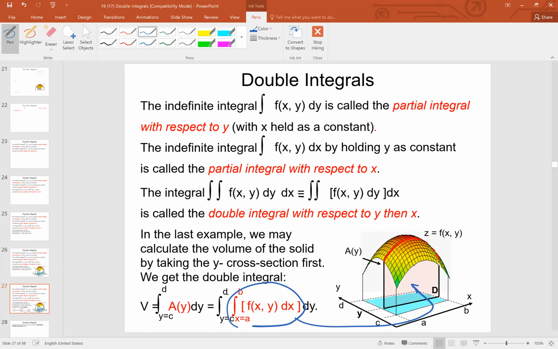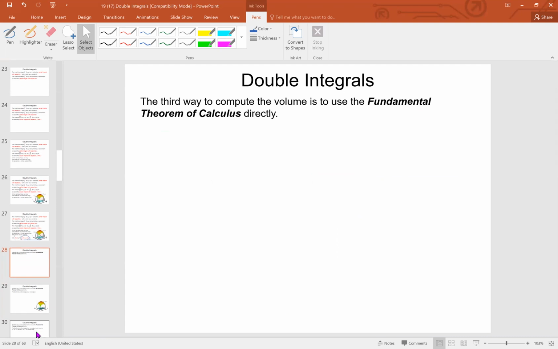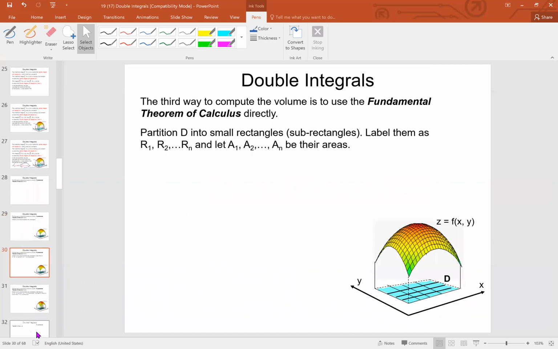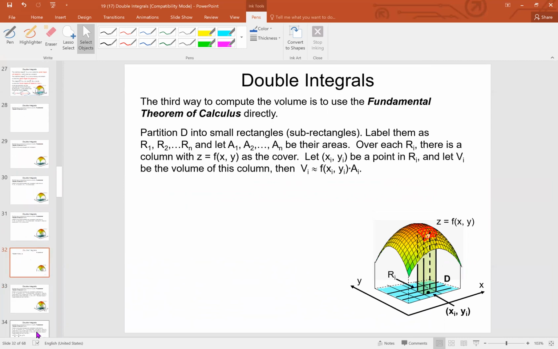Then there's a third way of computing volume, by the fundamental theorem of calculus. We take the rectangular domain and chop it into small rectangular pieces, and look at how much volume is on top of each subrectangle. We can approximate that by taking a point inside that subrectangle and evaluating how high it is.